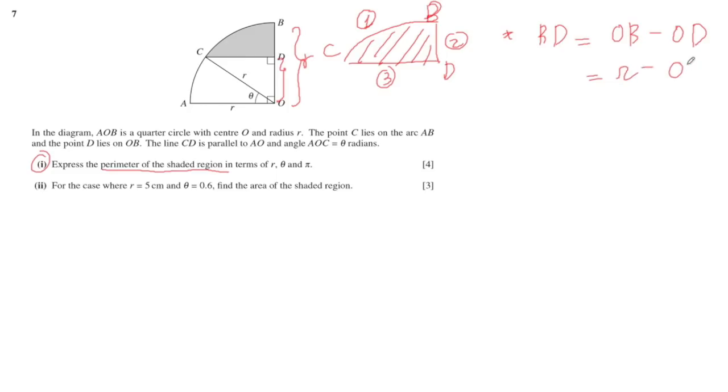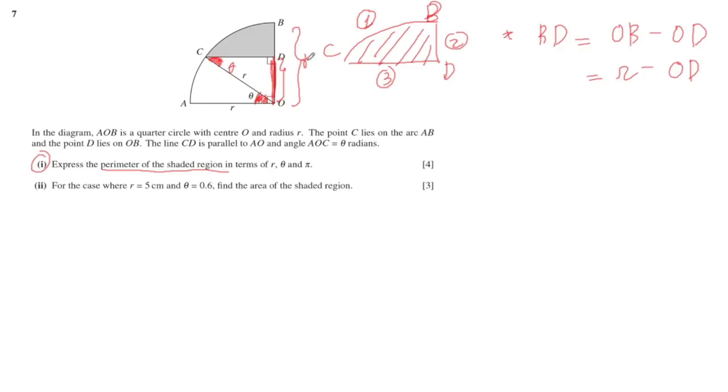So OD I don't know, but OD is a side of the triangle CDO. So this angle is phi, and this angle has to be equal to phi because CD and AO are both perpendicular to OB. So this angle will be equal to this angle.